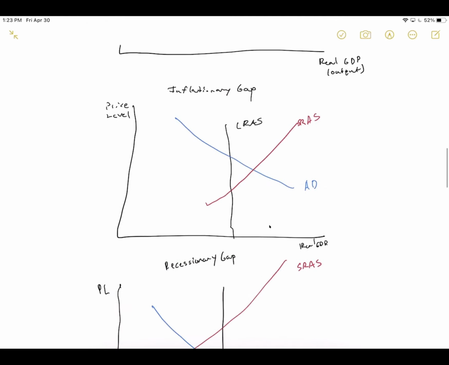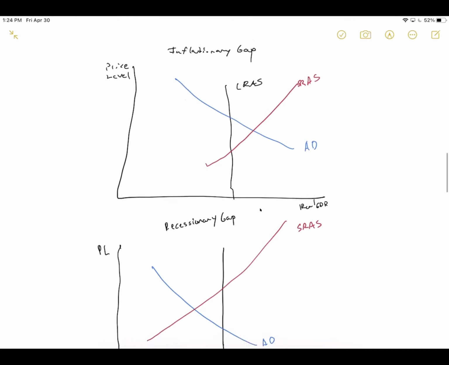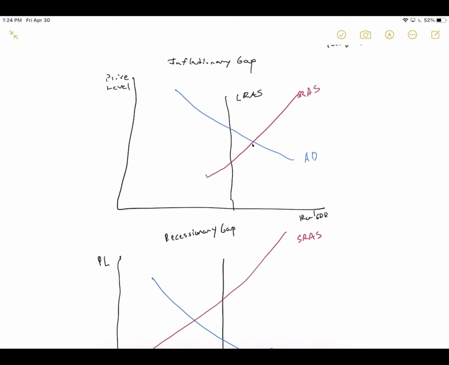Now there's two types of possible gaps that we can be in. One is called an inflationary gap, and one is called a recessionary gap. The inflationary gap means that the price level is higher than what we should be at. So that means that we have a level of inflation.